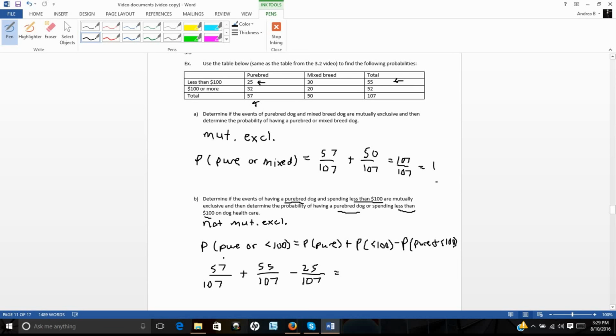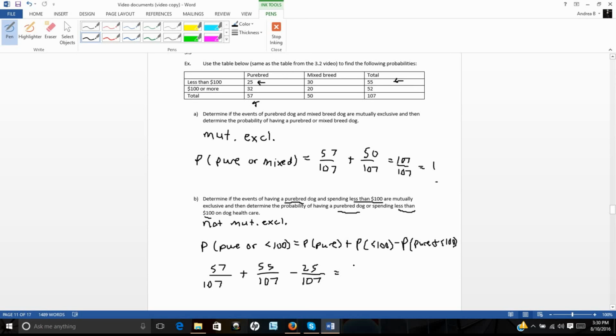And one way to double check this too, if you were going to add together that 57 and the 55, we'd get more than 107. And remember, your probabilities always need to be between 0 and 1 if you're thinking of them in terms of decimals, or between 0% and 100% if you're thinking of them in terms of percentages. If you get a value above 100% or below 0, then you did something wrong in your calculations.